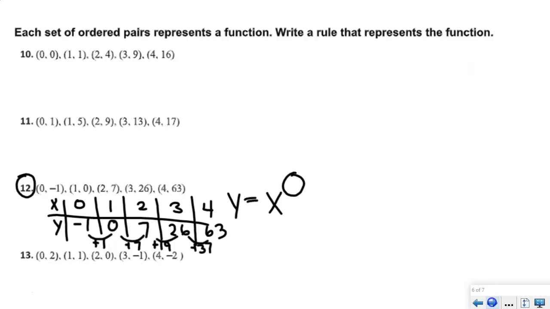So your job is going to be to look at the pattern and to notice if there's some power of x that you could try, and then maybe see if you could add or subtract something to get your answer. I'm going to leave it at that and see if you can figure out the pattern.